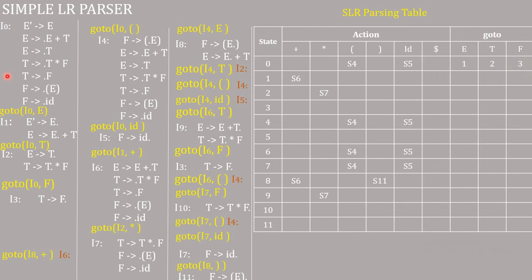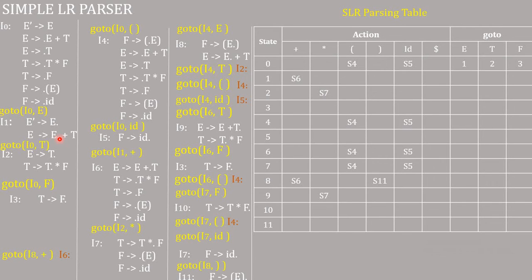Okay. Similarly, you have to look at item set 1, item set 2, and so on. Let us look at item set 1. It is E dash tends to E dot, and E tends to E dot plus T. Here the dot is not followed by a non-terminal, so we can ignore it. Even in the second production, the dot is followed by a terminal.